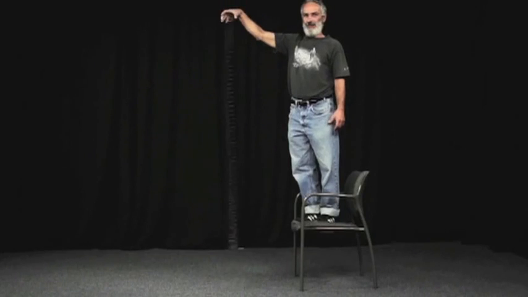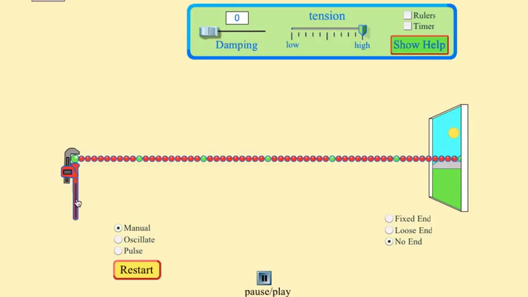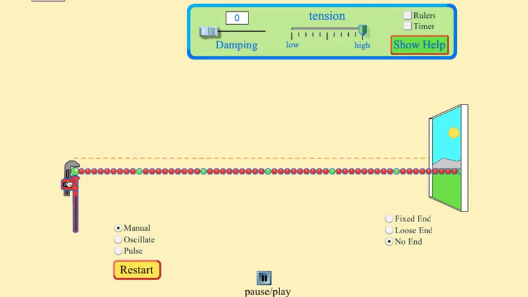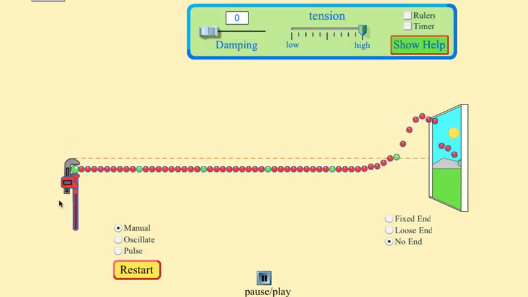You bang on something at one point, and it takes time for that deformation to propagate through the material and reach the other end. In this simulation, we are going to be able to make some waves. So if I grab the end of this rope, the disturbance travels at the characteristic speed of sound down the rope.